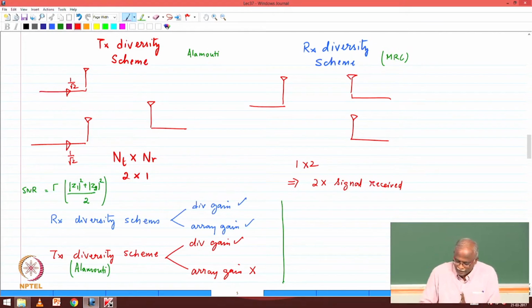That is another way of visualizing it. But again, I would like you to be very comfortable saying when you get a diversity gain, when you get array gain, which contributes to what, and how we exploit that in the system.